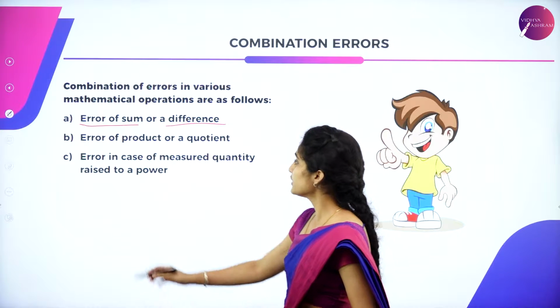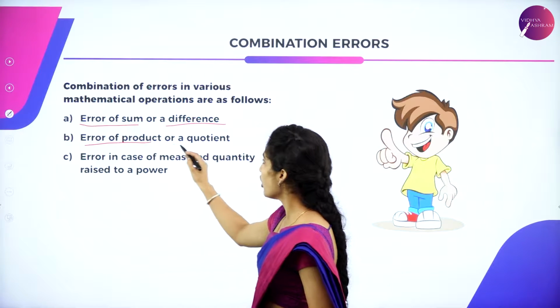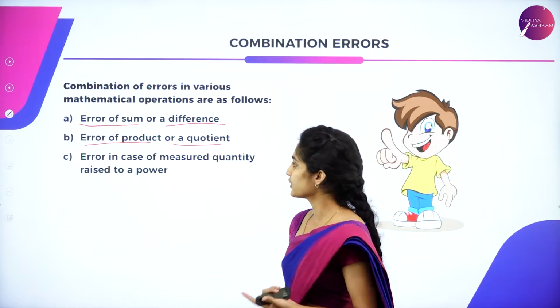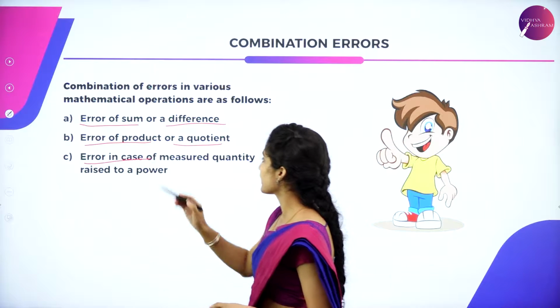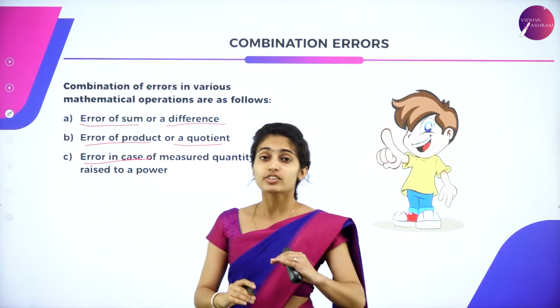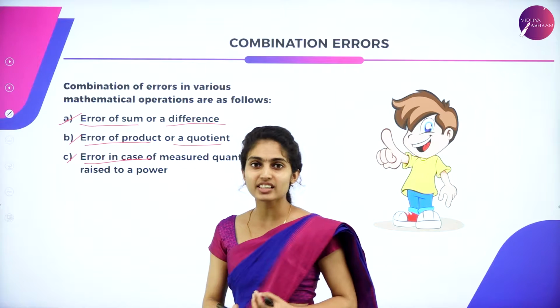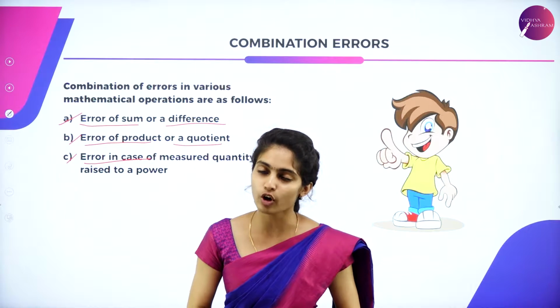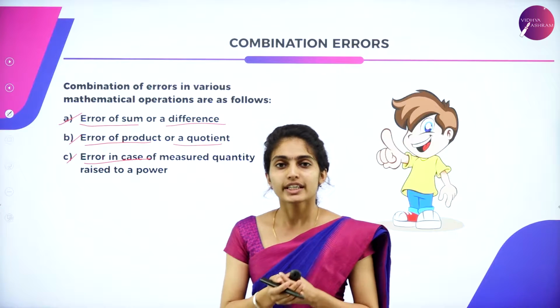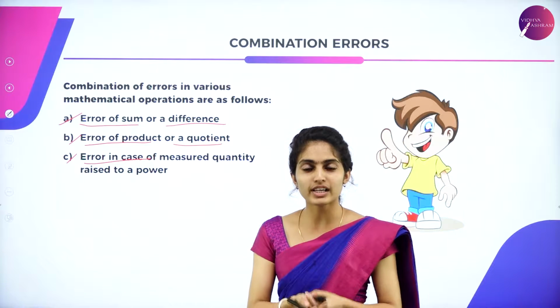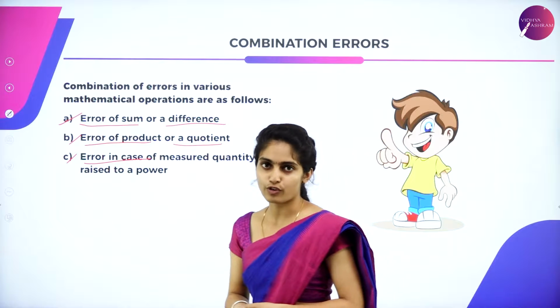The second one is error of a product or a quotient, and the third one is error in the case of measured quantity raised to a power. So these three are the rules to tackle the combination of errors. Each and every rule is studied in detail as follows.